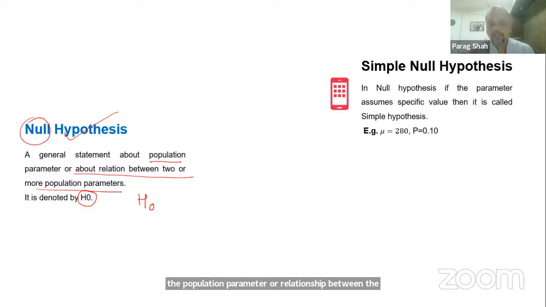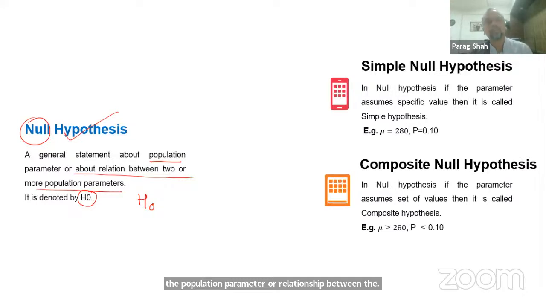Now there can be two types of null hypothesis, simple and composite. Simple means it takes exactly an equal to sign. Composite means it can take greater than or equal to, or less than or equal to.